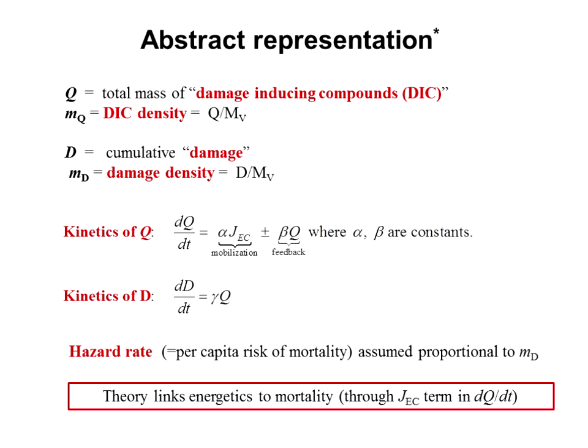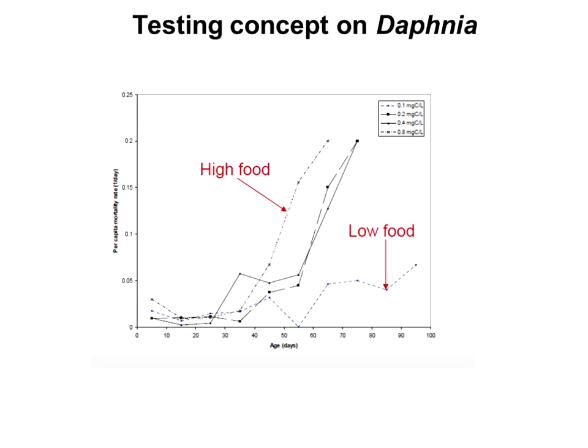Consequently, there is a connection to mortality. It's a delayed effect. Increased mobilization does not lead directly to a change in mortality. Increased mobilization leads to a change in damage-inducing compounds that in turn leads to a change in mortality.